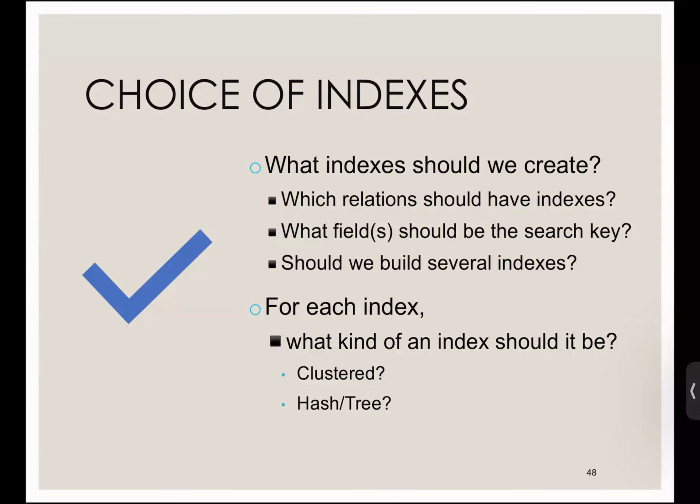Okay, so to make the decision, what index should we create? Should we have the hash or tree or clustered, unclustered? Which relations? You don't have to build index on everything. You're not Google. Google does that, okay?